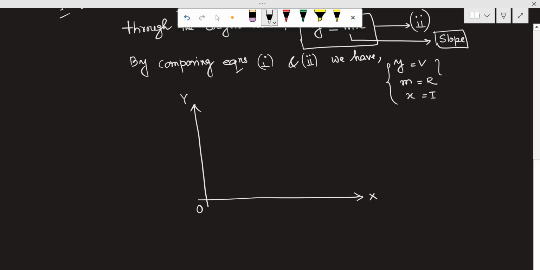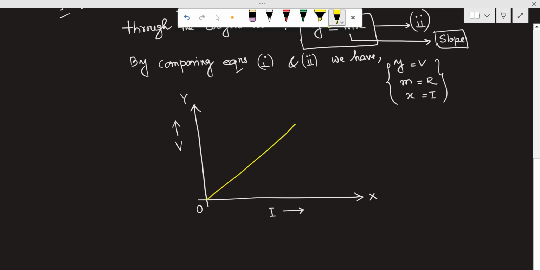So if we consider y equal to V, then along y-axis we will plot V, and along x-axis we will plot current I. Now the equation will pass through the origin like this way.